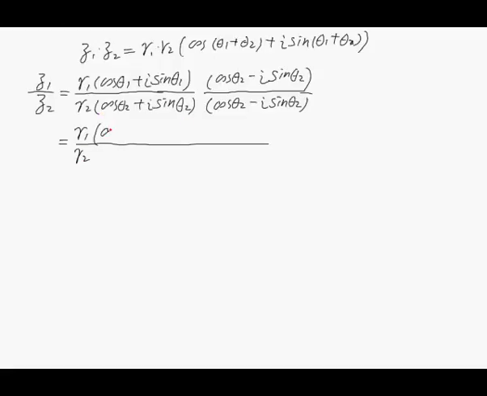So we have cosine theta 1 times cosine theta 2, minus i times cosine theta 1 times sine theta 2, and then plus i times sine theta 1 times cosine theta 2, and then minus i times i, that is i square, times sine theta 1 times sine theta 2.